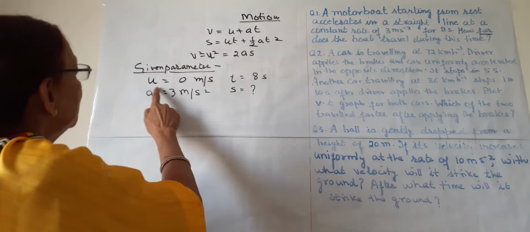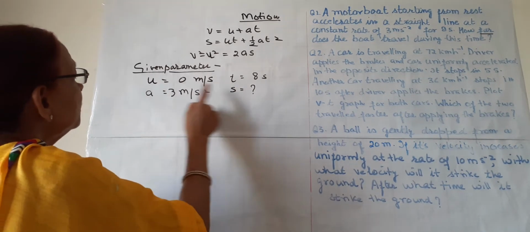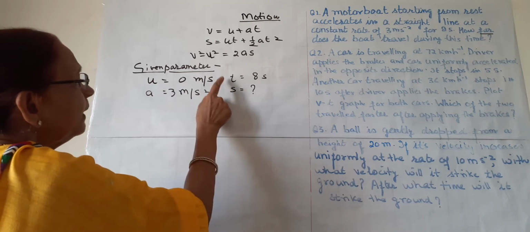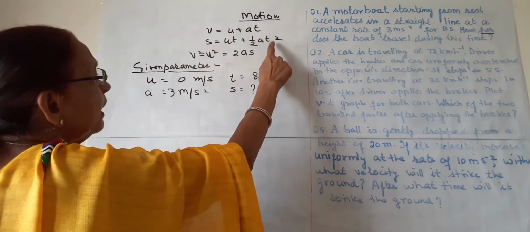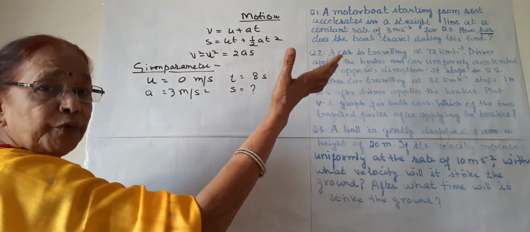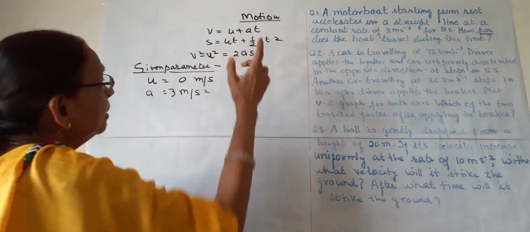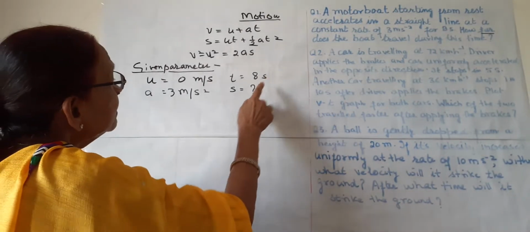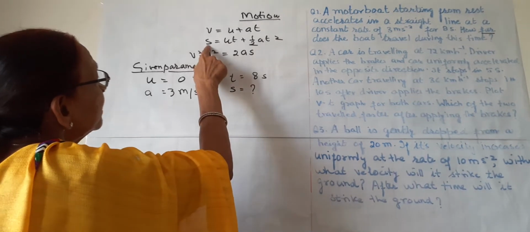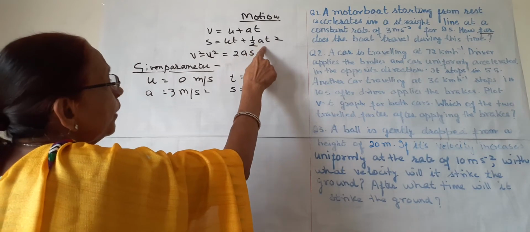So initial velocity is given, a is given, t is given, and s is to be found. These 3, u, a and t, are fitting in which equation? They are fitting in this equation. Final velocity v is not given, and in this equation we do not require final velocity. s is to be calculated. We know u, we know t, we know a.